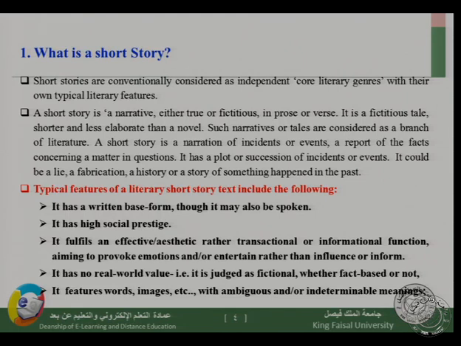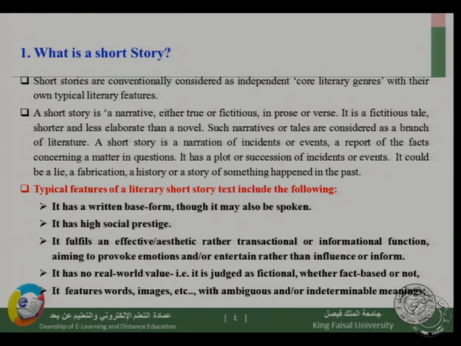Because the main function of a story is to provoke emotions and entertain, rather than influence or inform. So the main function of a story is to provoke emotions, to entertain you, rather than give you instructions or information.